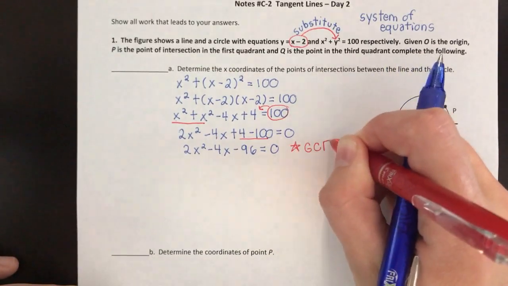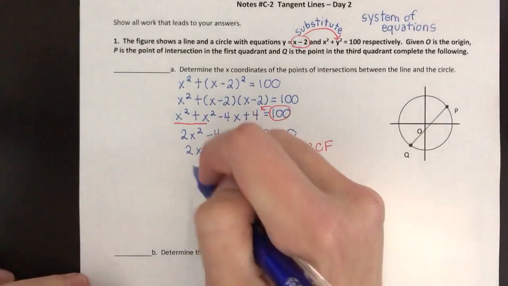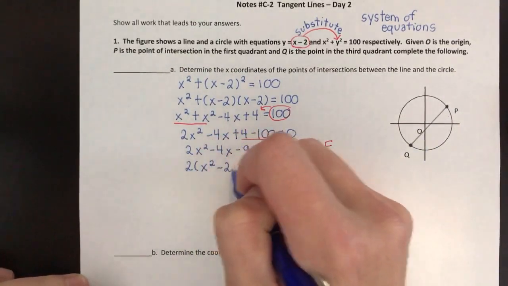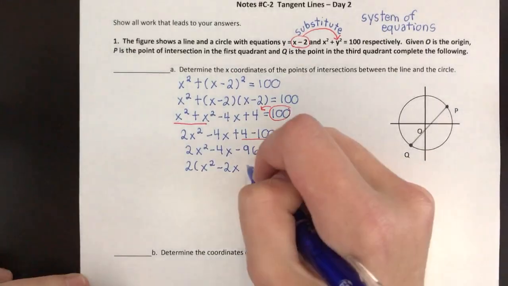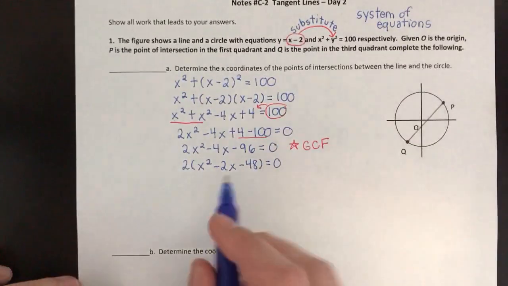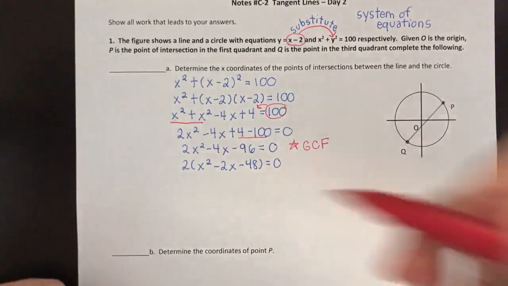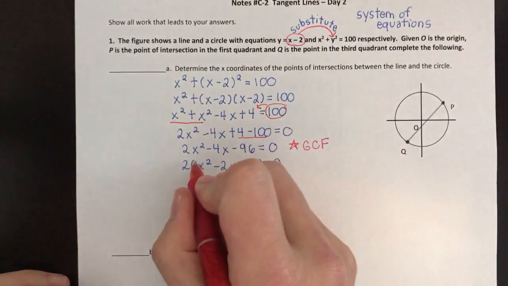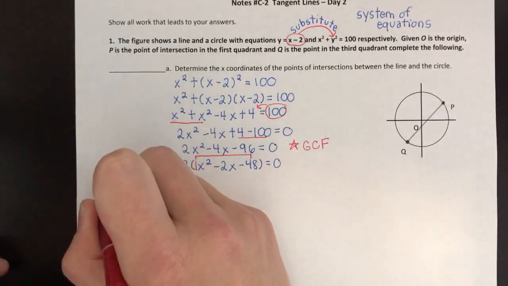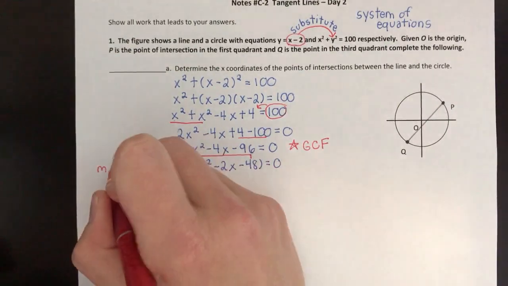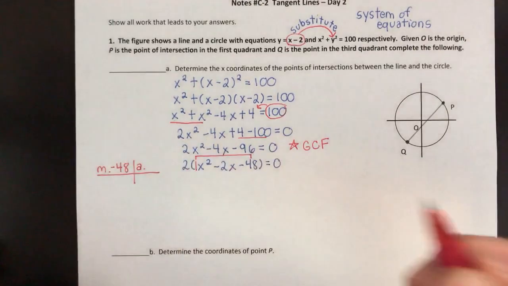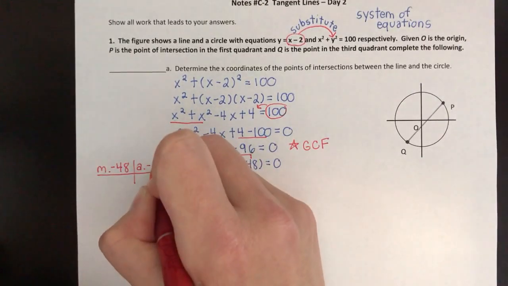So remember, when you factor, GCF has to come out first. So 2 is my GCF. That leaves me with x squared minus 2x minus 48 equals 0. To factor this inside, recall there's an implied 1 here, because you must multiply that a times c for your t-chart, so numbers that multiply to negative 48 but add to negative 2.